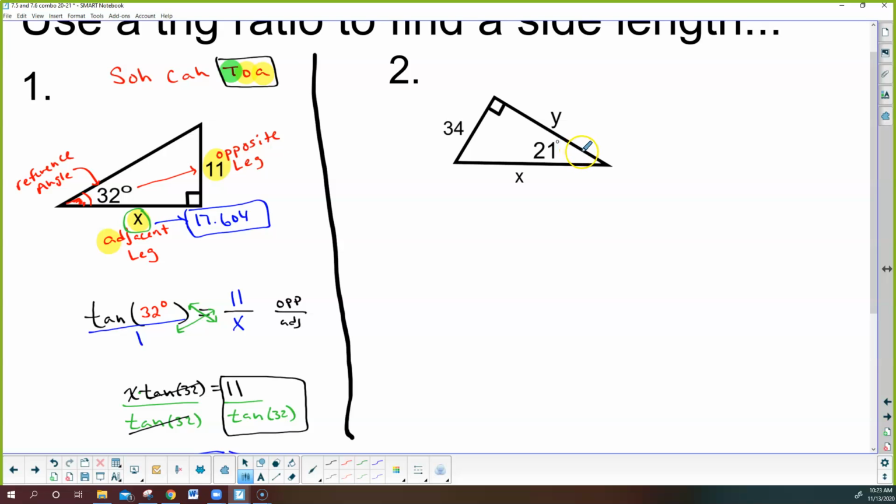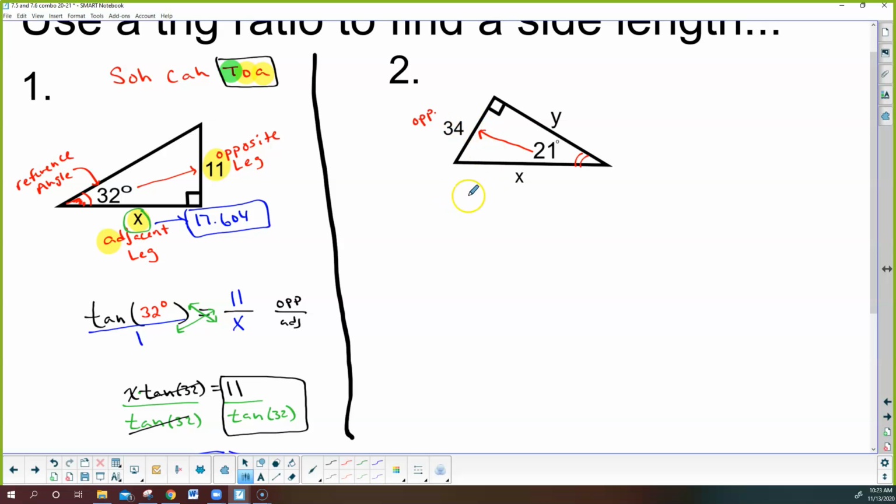But the first thing that I always do is indicate my reference angle. It's 21 degrees. Then I look for what number they gave me. In this case, they actually give me the opposite leg, and I just write OPP for opposite.